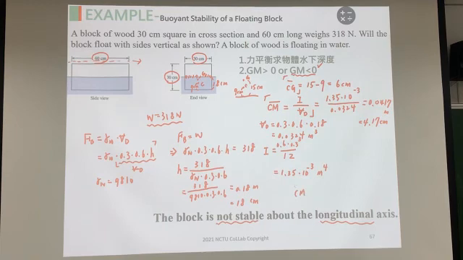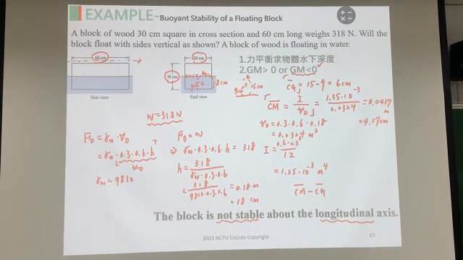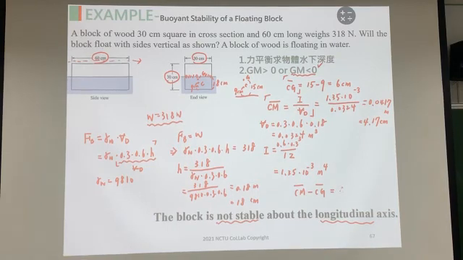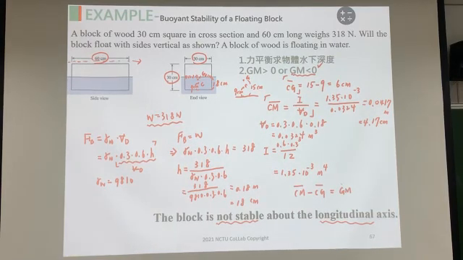As I mentioned, the CM distance minus the CG distance is equal to the GM distance, and we need to identify whether the GM distance is larger than 0 or less than 0, and then we can predict the stability.